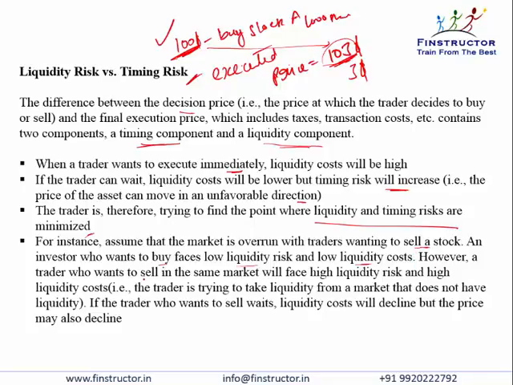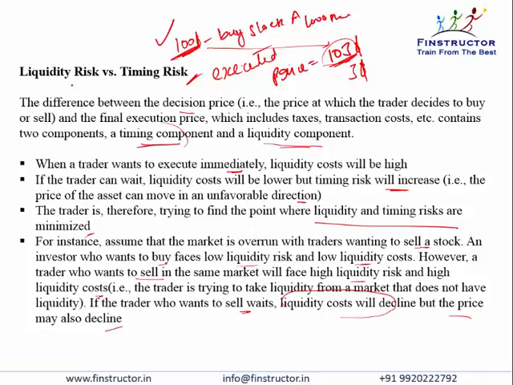However, a trader who wants to sell in the same market, after very bad news on a stock, will face high liquidity risk and high liquidity costs, because he's trying to sell in a market where everybody wants to sell. If the trader who wants to sell waits, the liquidity cost will decline, because after a point some buyers will emerge, but the price would have already declined because of the timing component.